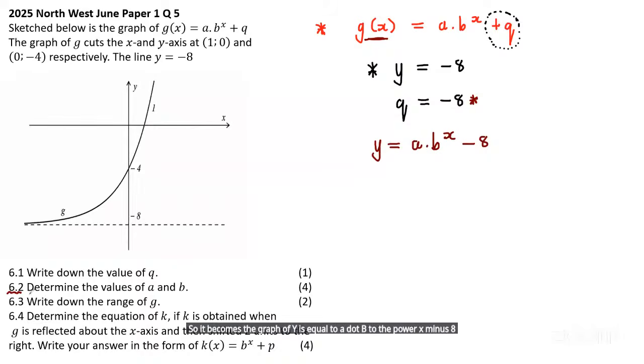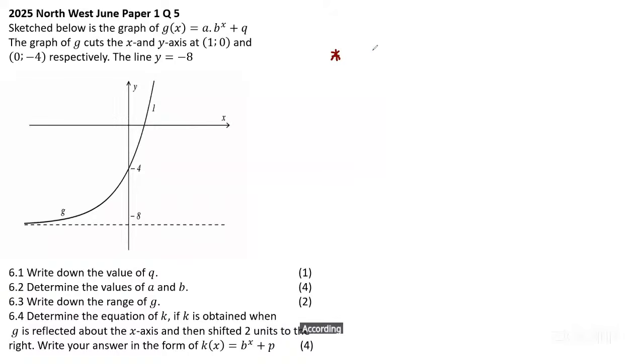For 6.2, it says determine the values of a and b. According to what we see, y is equal to a dot b to the power x minus 8. This is what we currently have.